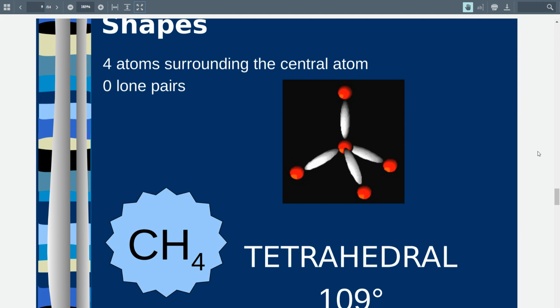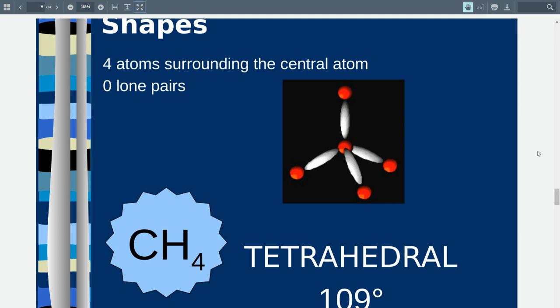And I want you to take note of what that 3D picture looks like on the slide, because when we draw it, it's going to look like a big old plus sign. Guys, that's not what it actually looks like in real life. It's a very 3D molecule. It's not going to be this way. It's going to look like that.